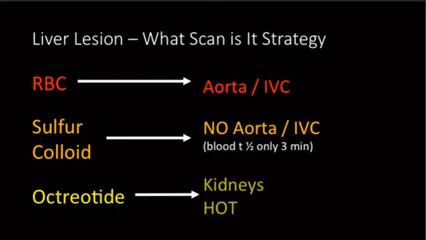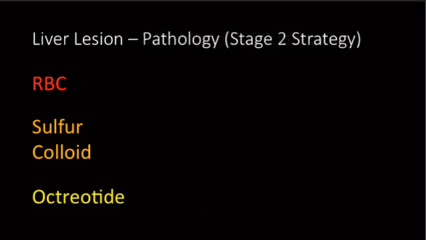And then if the kidneys are super hot, then you're dealing with octreotide. So what if they don't show you the kidneys? They'll show you the kidneys if it's an octreotide scan. I promise you that we'll have the tops of the kidneys in there. Otherwise, it's an incredibly unfair thing to do. You could also think about the fact that the spleen is going to be hotter than the liver.